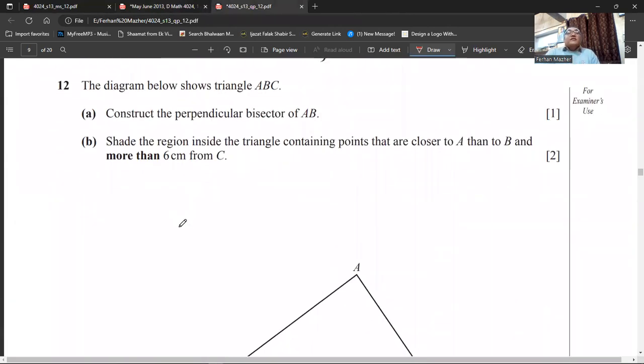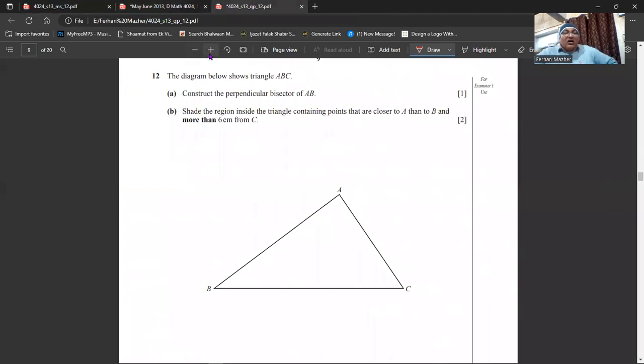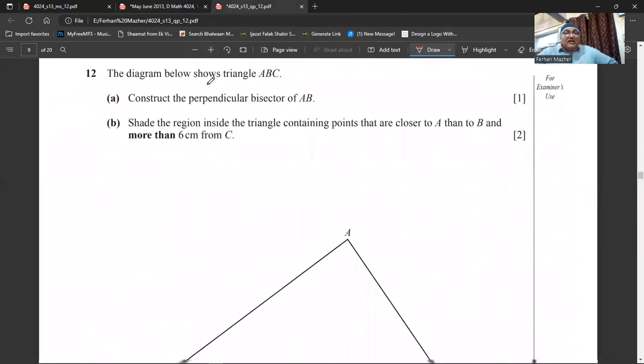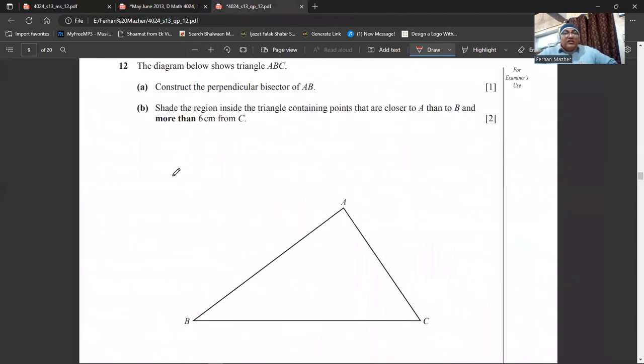The diagram below shows triangle ABC. The question is, construct the perpendicular bisector of AB. To construct it, you open your compass and put it on A, draw an arc here and an arc here.